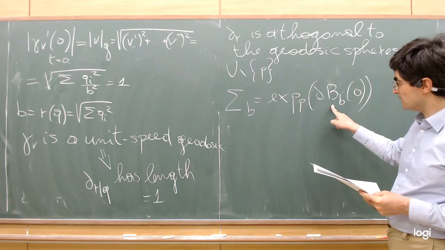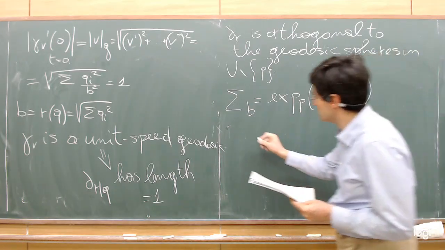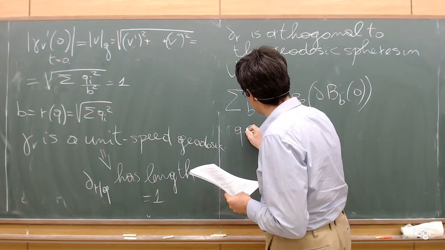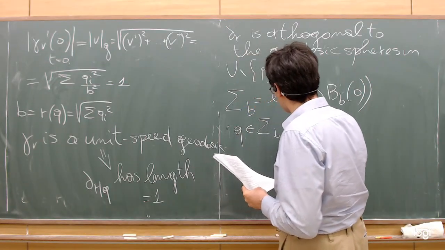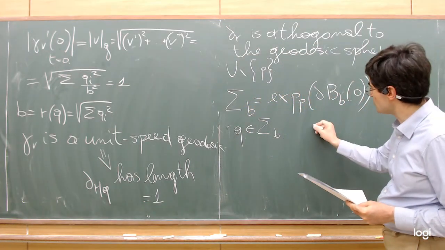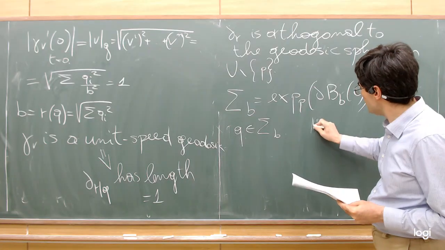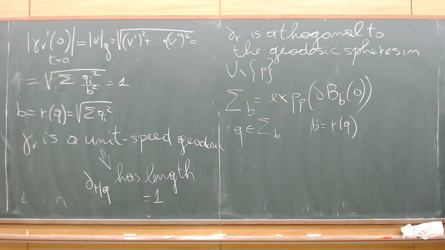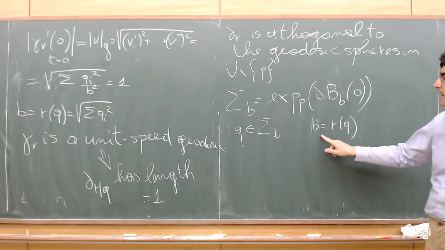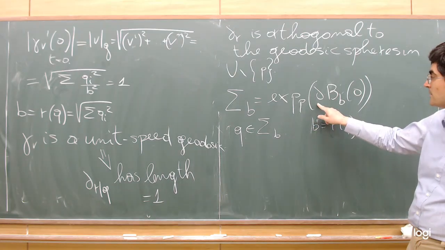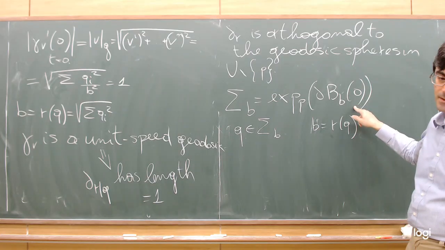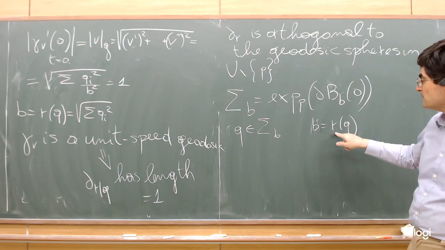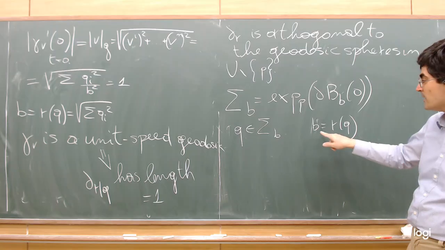This is a geodesic sphere containing Q. Why? Because b is r of Q, and we are taking the image of a sphere in T_pM having radius exactly b.